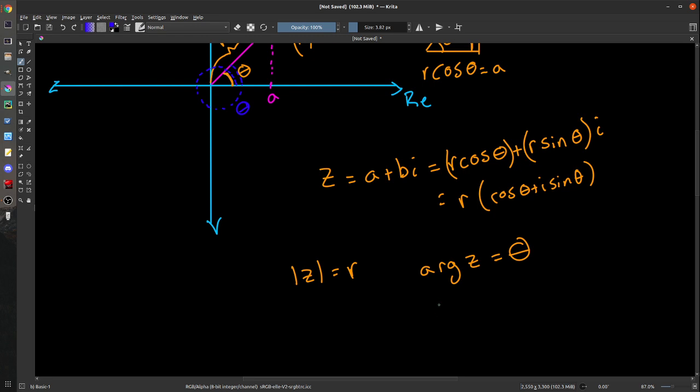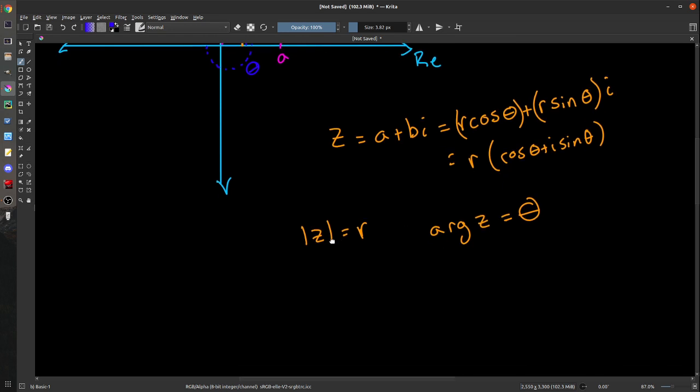We'll get into this a little later in terms of the branches of certain complex valued functions on C, but in particular, we'll think of it like this.